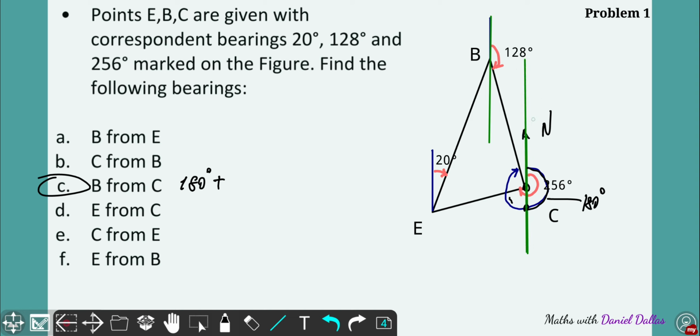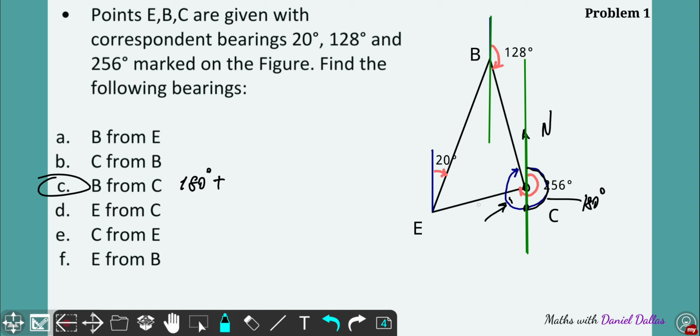Okay, and we're going to use the theorem about two parallel lines. They are parallel because they're parallel to the north direction. We're going to use the theorem about alternate angles. Let's have a look. 128 is the angle right there, the angle from one parallel line to the segment BC. On that side, from that parallel line to the segment BC, we also have a blue angle, which is equal to 128.